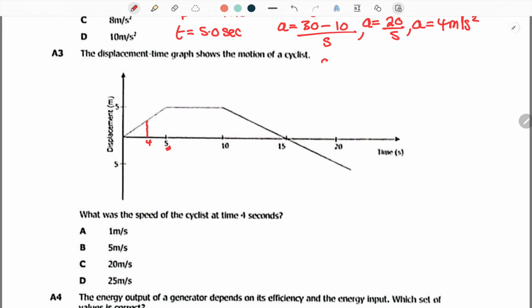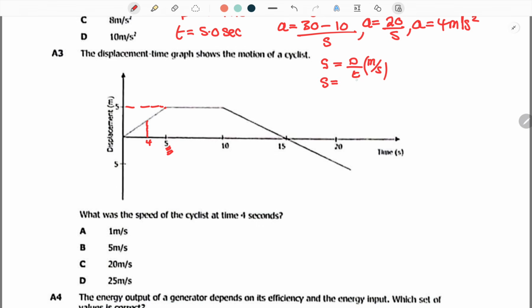We know that speed, or let me just write, the speed is actually equal to the distance over the time, because speed is measured in meters per second from the units. Now, what we have is actually a 5 here, and then what we have here is the distance, which is 5. So let's try to use that.